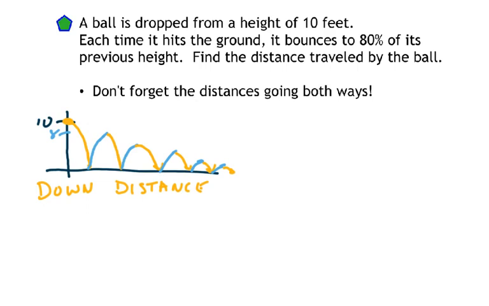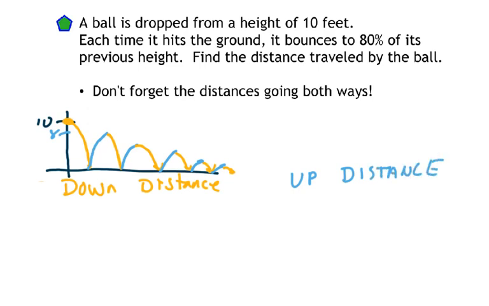So down distance, and then our bouncing back up distance. So we're adding all of the down movement, the one that's marked in yellow.